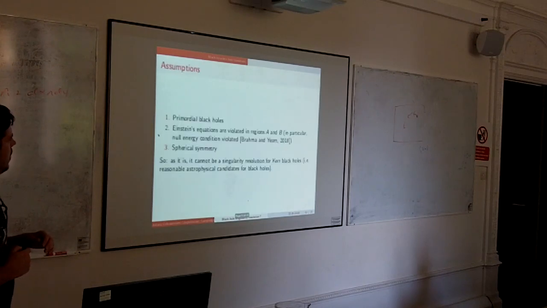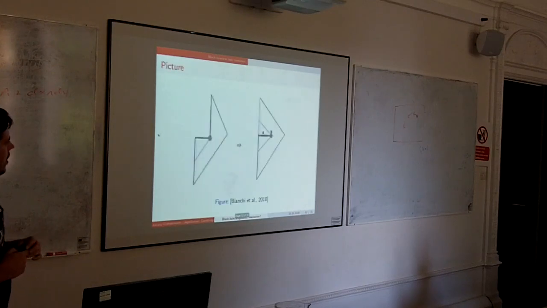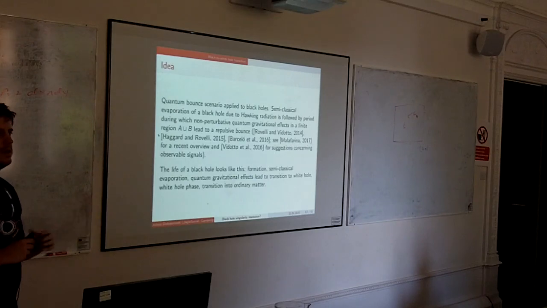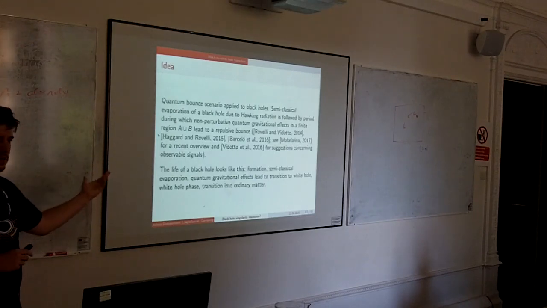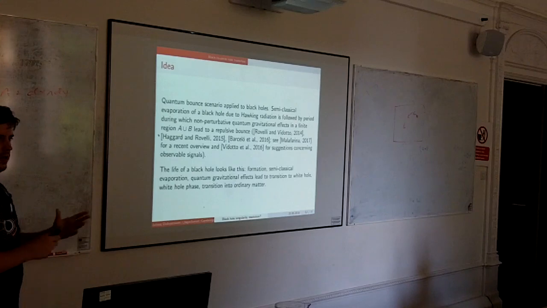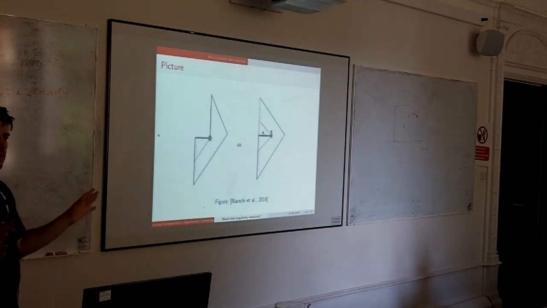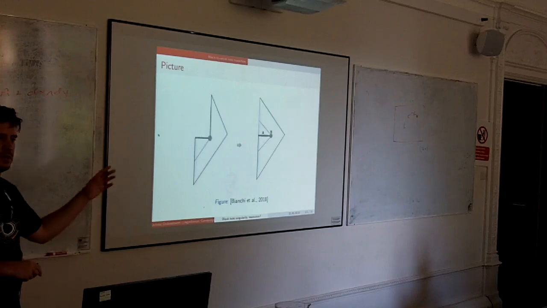Yes, so the way I would put it, insofar as I understand what they're doing, is the following. The picture is completely general. This gluing process doesn't care about properties such as the mass of the black hole.